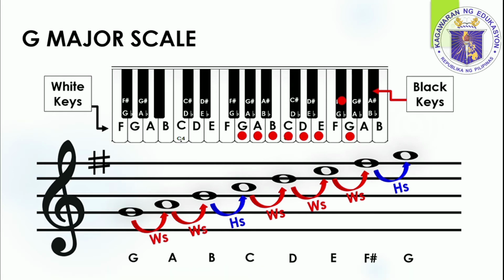With this, the F note becomes F sharp and is to be played on the black key of a piano. This pattern is made in order to maintain the interval of notes based on the major scale formula.